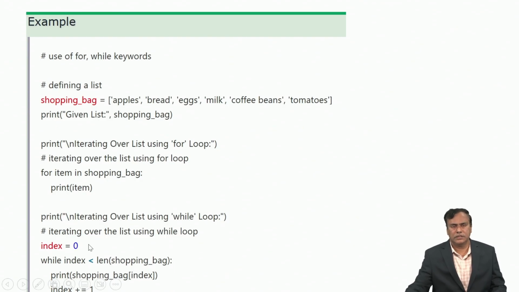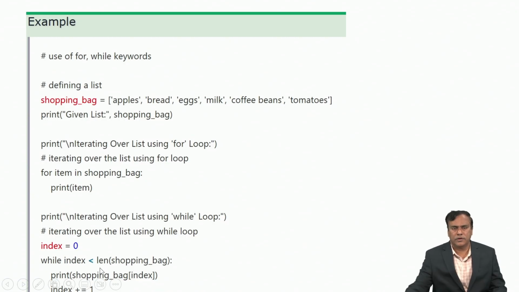In a similar fashion, you can find the use of the while loop. For loops and while loops, the index starts with 0, so that is zero-based indexing. So I'm taking one identifier with a value of 0, whose name is index.